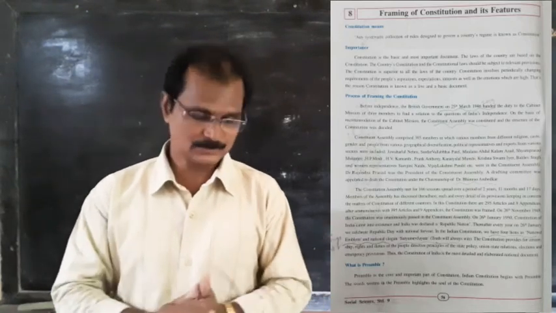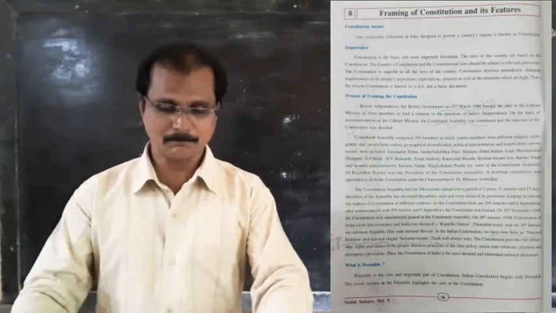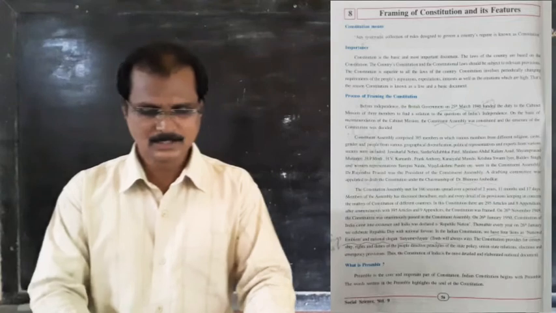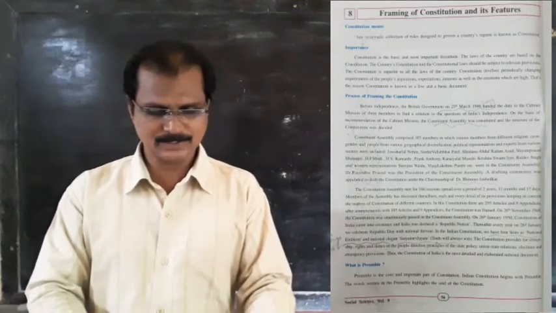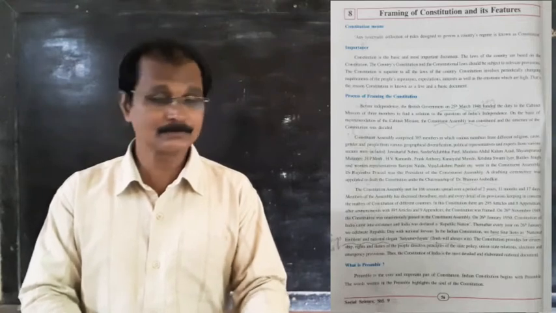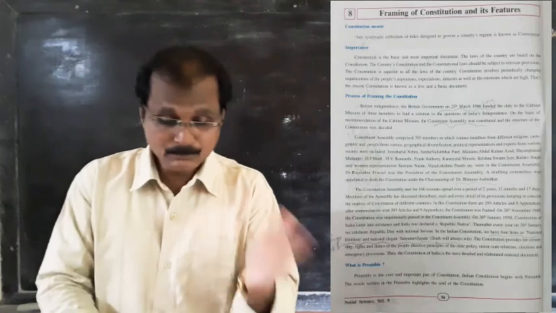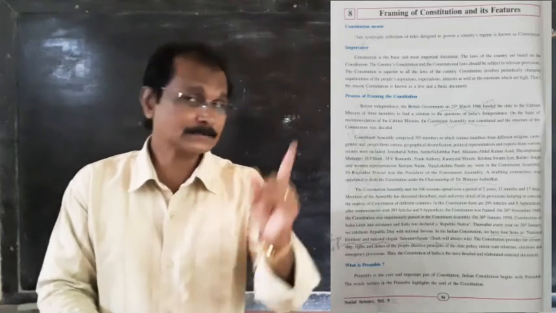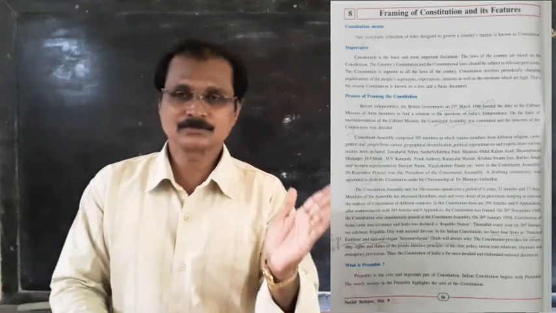How was the Constitution framed? Before independence, the British government on 25th March 1946 handed the duty to the Cabinet Mission of three members to find a solution for independence. India became independent on 15th August 1947.